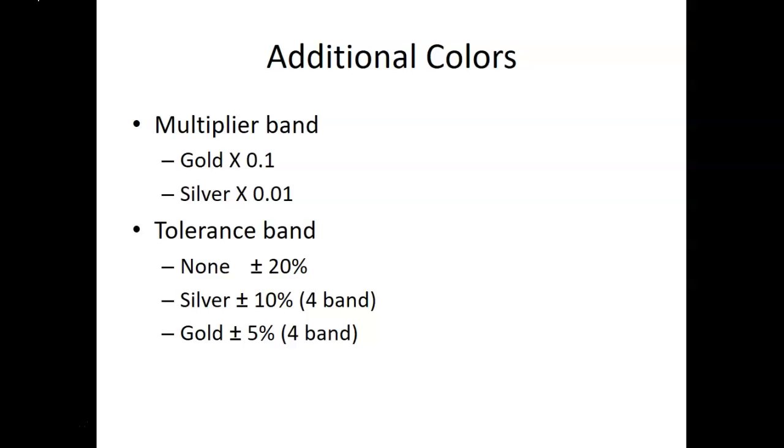If you have a gold or silver, this only applies if you have a 4-band resistor, by the way. If you have a silver band in the tolerance, that's a 10% tolerance. Quite a big margin of error, which we'll talk about here in a second. If you have a gold, it's only 5%. A lot of the ones we use around here are gold. Fairly tight tolerance.